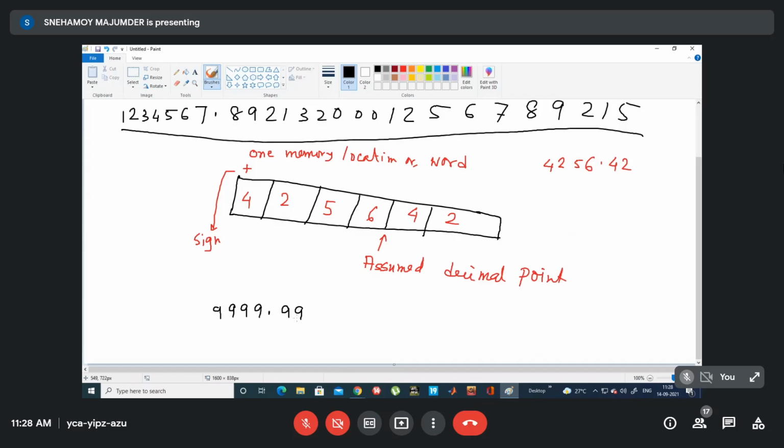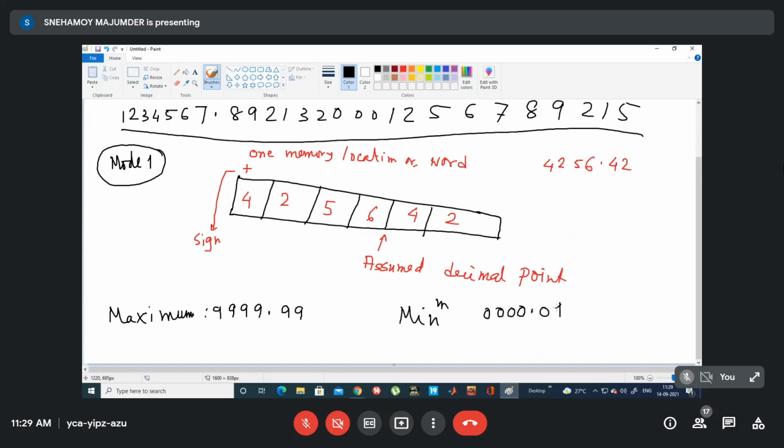9999.9. That is the maximum I can write. If I go in this mode, this is mode 1. If I go in this mode, that is the maximum number I can store. The minimum I can store is 0.01.